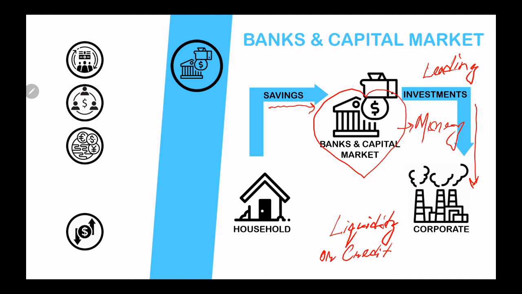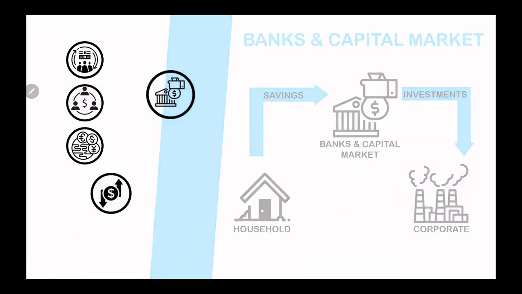So the economy works in the same way as a human body works. The banks and capital market work in the same manner as a human heart, and money works in the same way as blood in the human body. That is the concept. You can correlate both things. All right. So this is the fifth sector, that is banks and capital market.